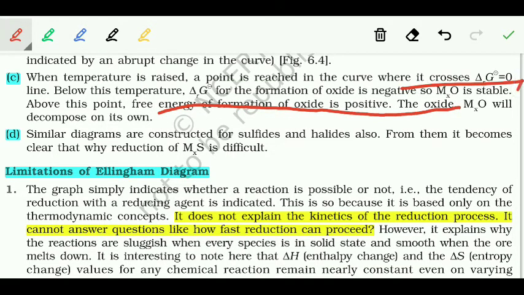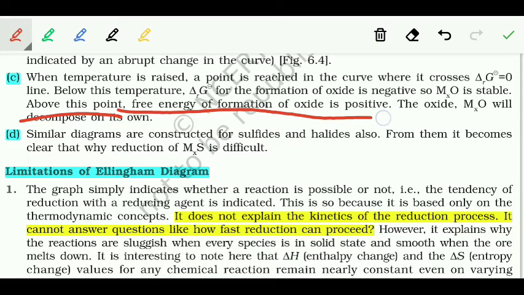Below, delta G is equal to 0. But as soon as you cross the line above this point, the free energy of formation of oxide is positive. As we cross the line of delta G equal to 0, our free energy of formation will directly convert into a positive value.